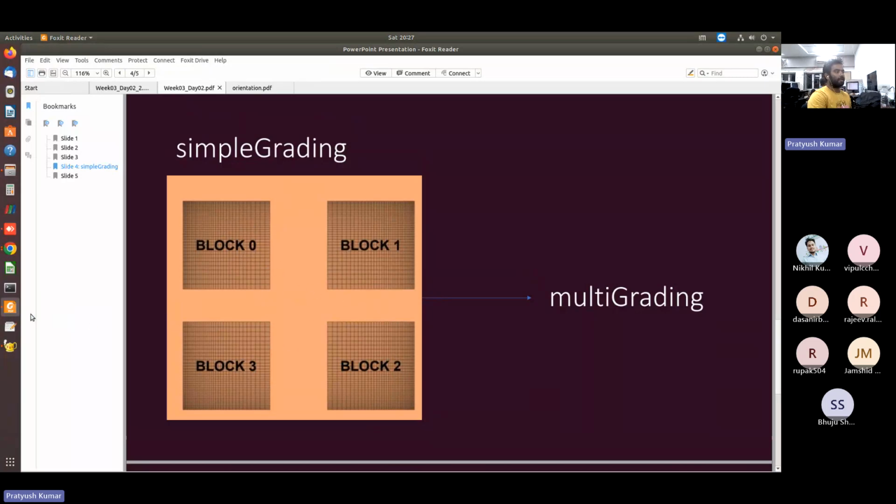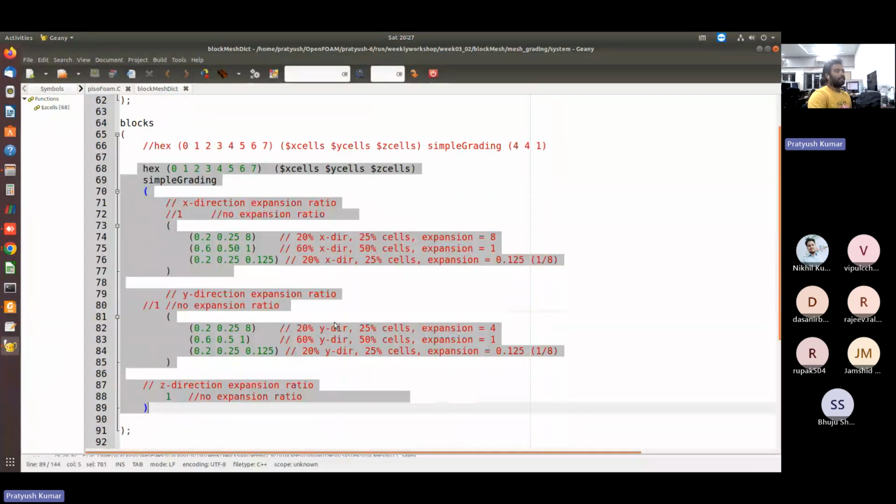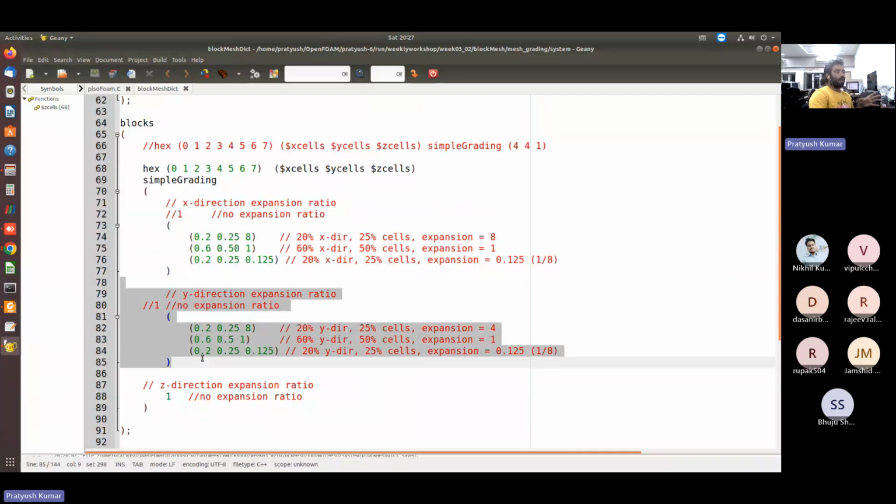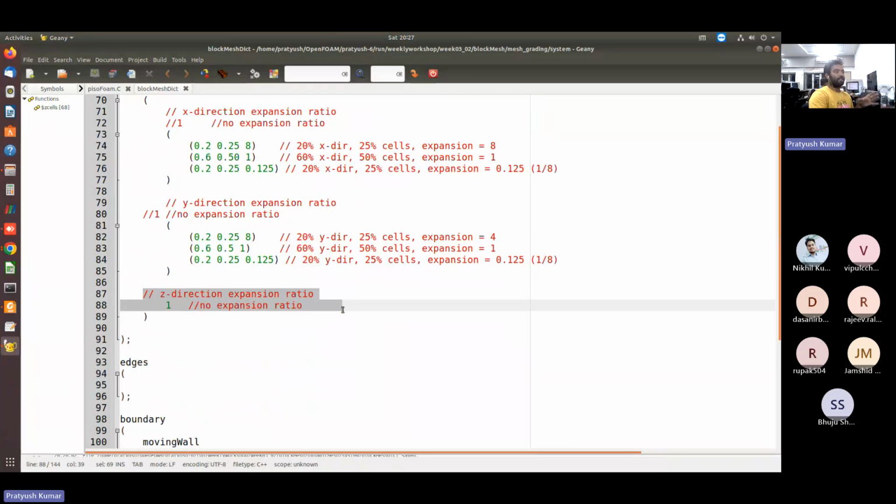This is one technique. The other technique is that you can use simple grading, the expansion ratio, whatever parameters you are going to specify. This is given for the x direction, this for the y direction, and this for the z direction.